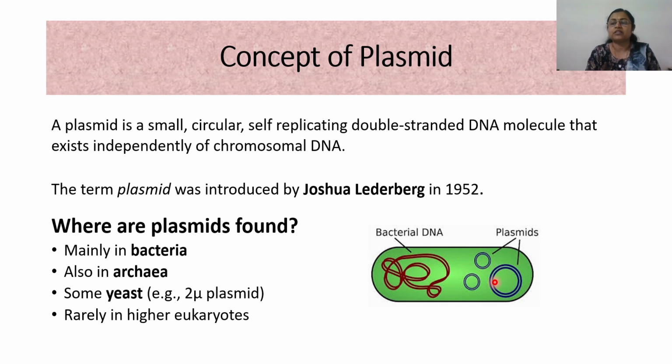They are double-stranded DNA molecules, and they exist independently in the cell beside the main bacterial chromosome, and they are known as plasmids. So plasmids are small circular self-replicating double-stranded DNA molecules that exist independently of chromosomal DNA, that is how we can define them.